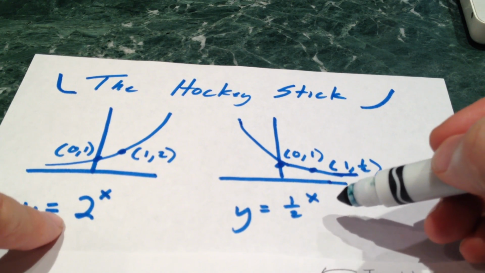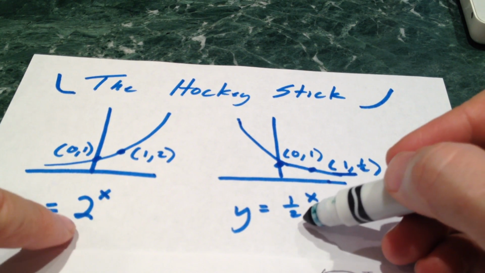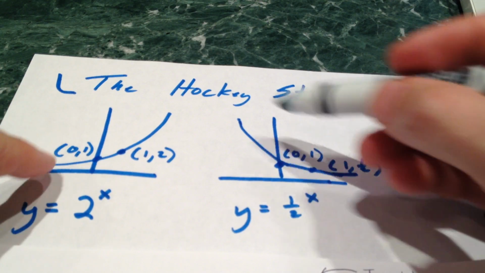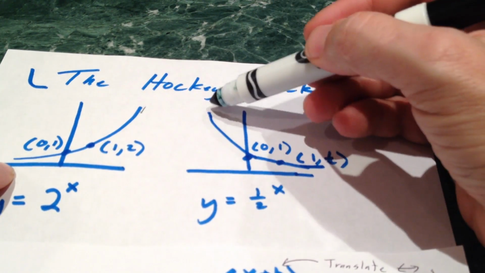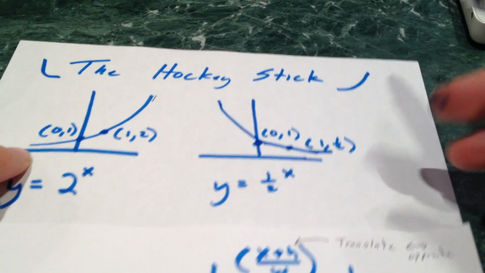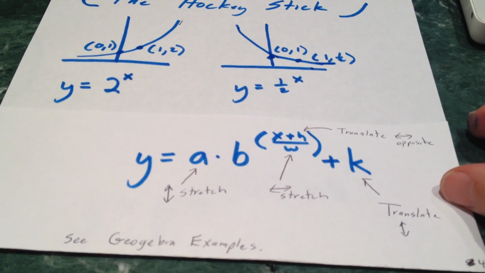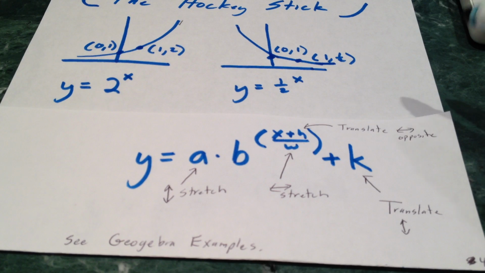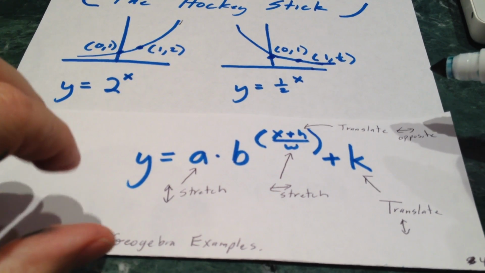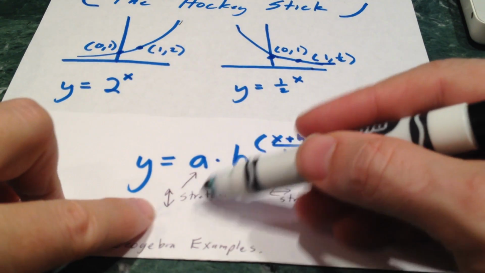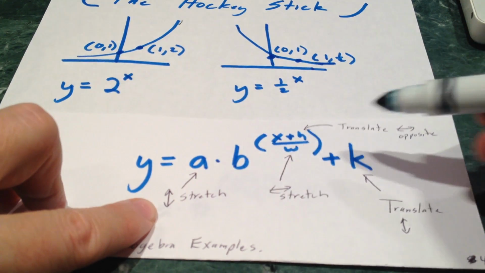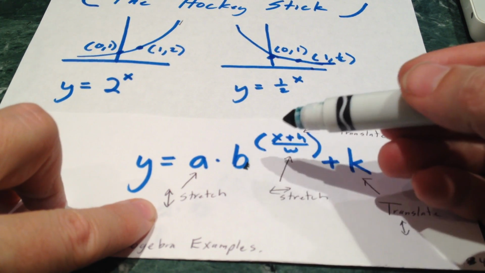It's a little different than some of our other formulas: the value of the base determines whether our hockey stick is a right-hand hockey stick or a left-hand hockey stick. And then finally, for those of you who've done transformations before, I'm doing this very quickly. The rules are exactly the same. The only difference is the outside stretch, the up-down vertical stretch, is going to be the number out front of the b.